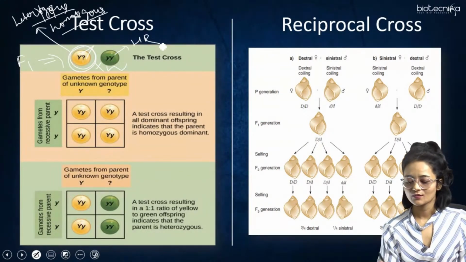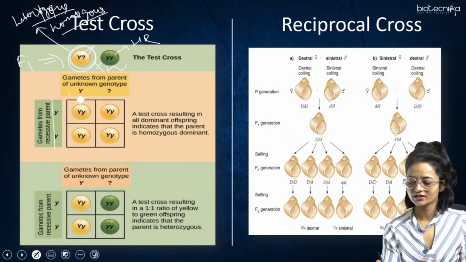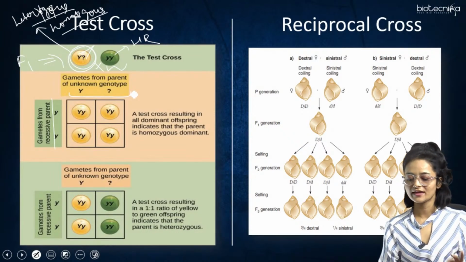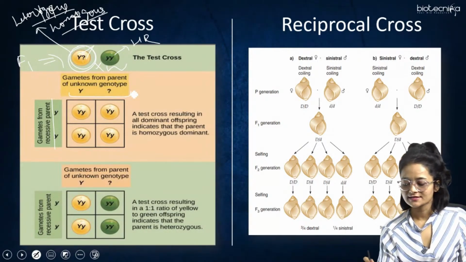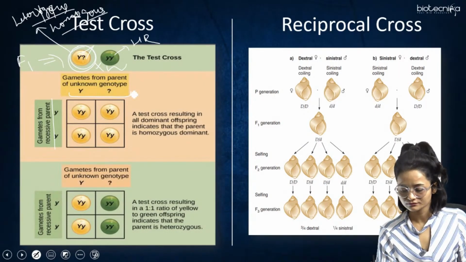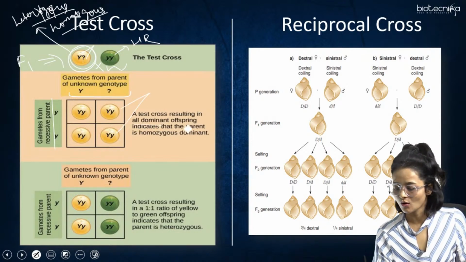Now what happens when we draw the Punnett square? Gametes from the recessive parent are given here, and gametes from the parent of unknown genotype. Here we can see that the test cross results in all dominant offspring.